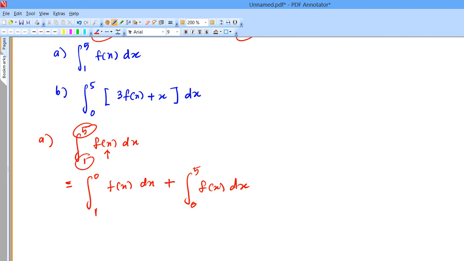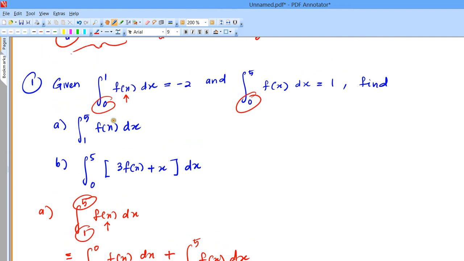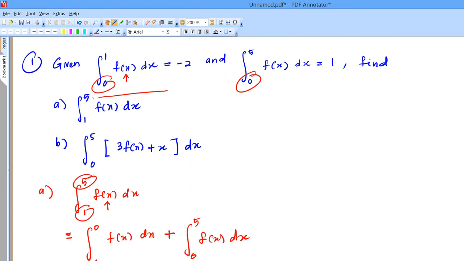Okay, for the first integral, integrate f(x) from 1 to 0. Based on the given information, we have it from 0 to 1. If the integral from 0 to 1 equals -2, then from 1 to 0 we just put a negative sign.